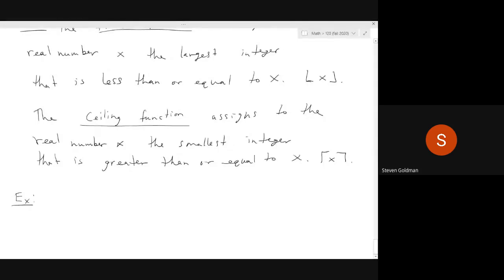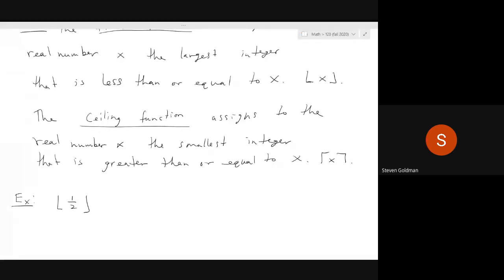Okay, so if I asked you to evaluate this number, okay, this is the floor function, and I'm plugging in 1/2 into the floor function. So for the floor function, I'm looking for the greatest integer that is less than or equal to the given number. So what is the greatest integer less than or equal to 1/2? What would this be equal to? Okay, yeah, that would be equal to 0.